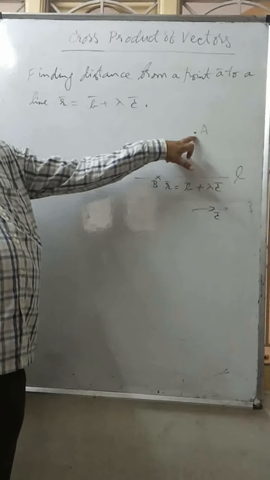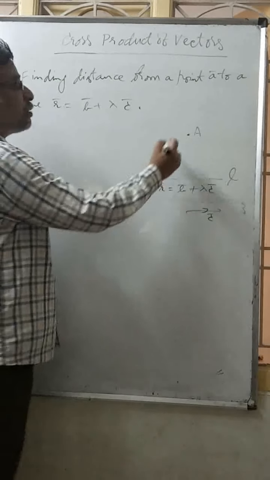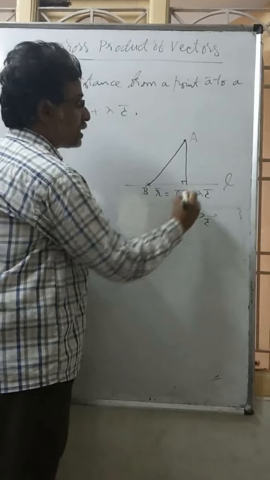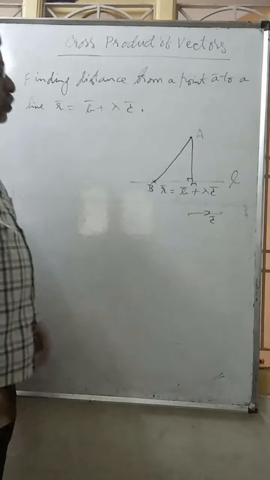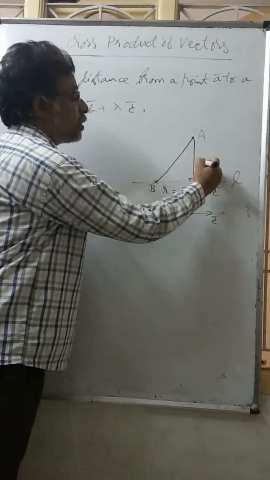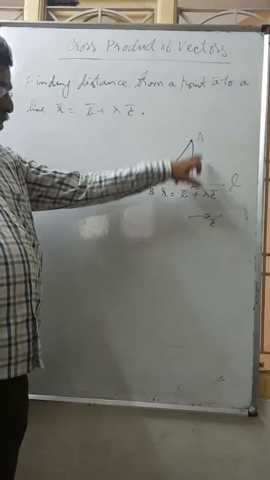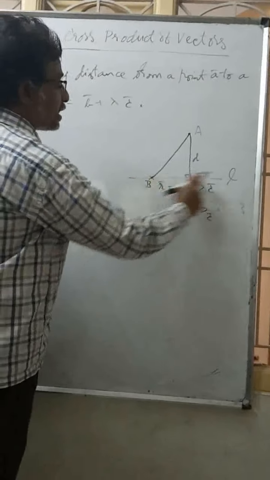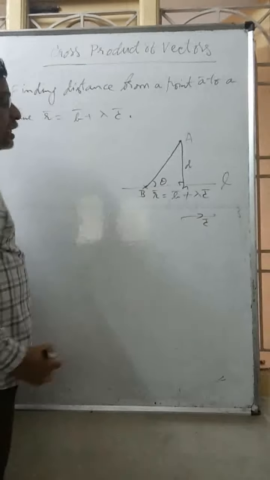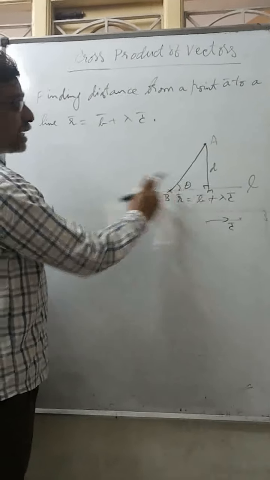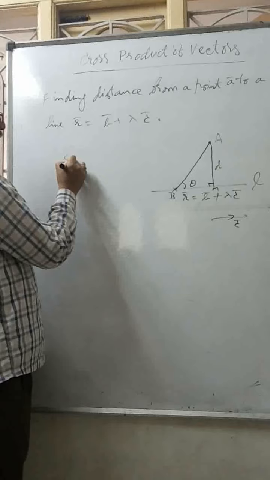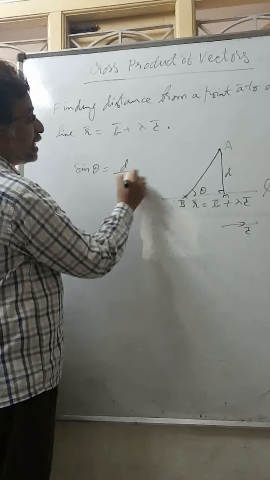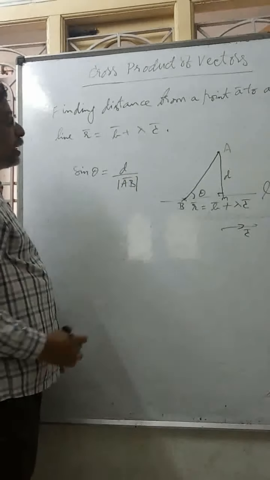So I want the altitude, or distance, from A to this line. If I join A and B, and draw the perpendicular from A to this line at M, then AM becomes the altitude or perpendicular distance from point A to the line L. I am taking this distance as D, and I need to find the value of D. Now, if the angle between AB and the line is theta, then sin theta equals opposite by hypotenuse, which means D by mod AB bar.